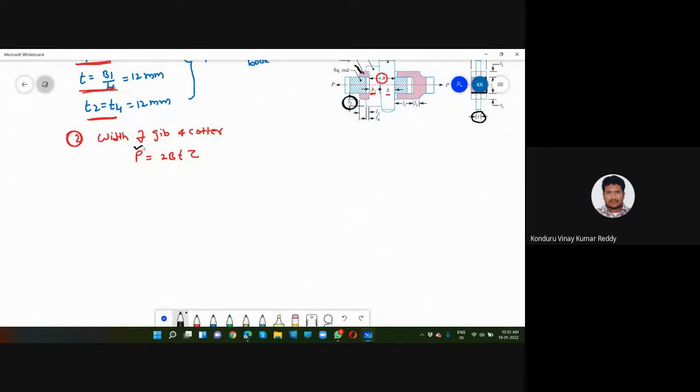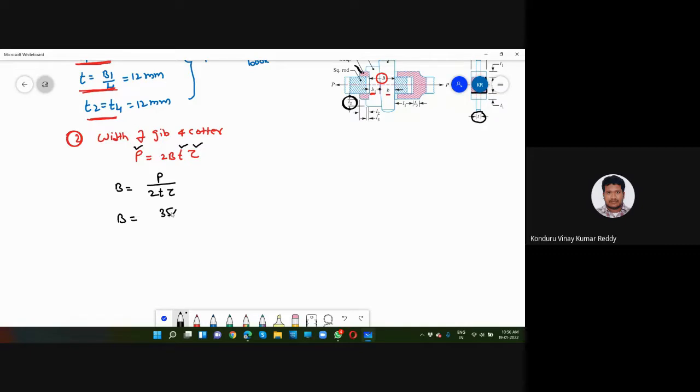Here the P value is being provided. The T value, I think we have found out from the formulas. The sigma value we have also found out. Thereby, B is equal to P by 2T shear stress. P is nothing but, if I am not wrong, 35 kilonewton.